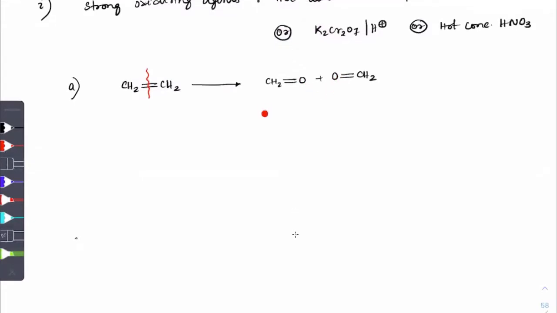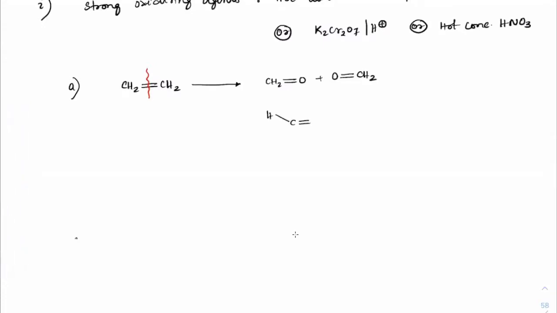So now you have H, C double bond O and H, and the same way here also, O, C double bond H and H. Next, this is in an aldehyde form. As long as an aldehyde or keto form has at least one hydrogen on the carbonyl position, the oxidation will further happen. So there is no stopping here.